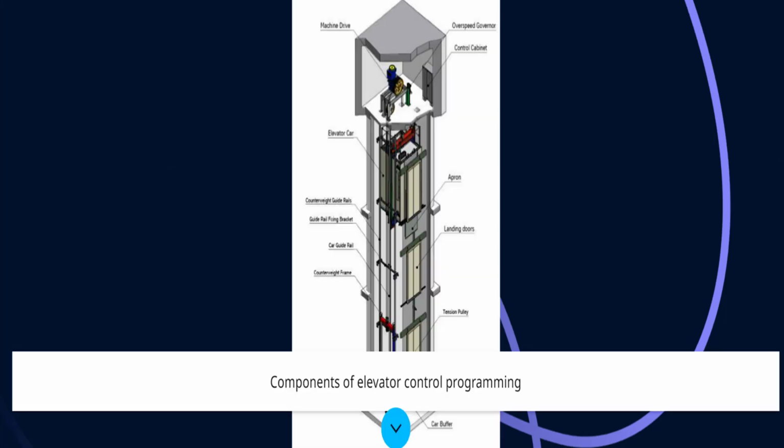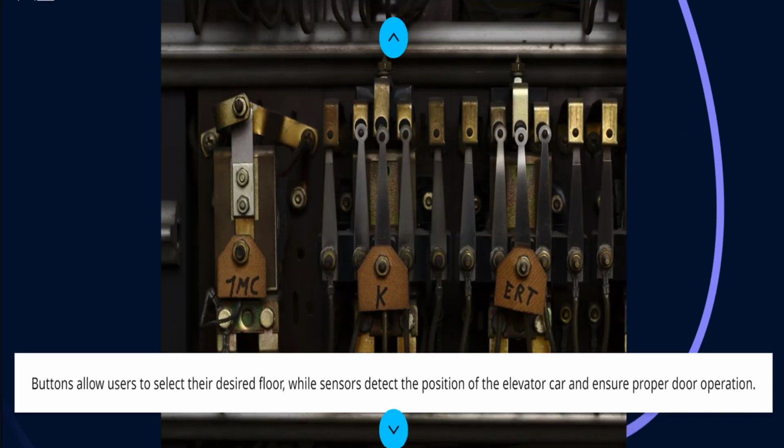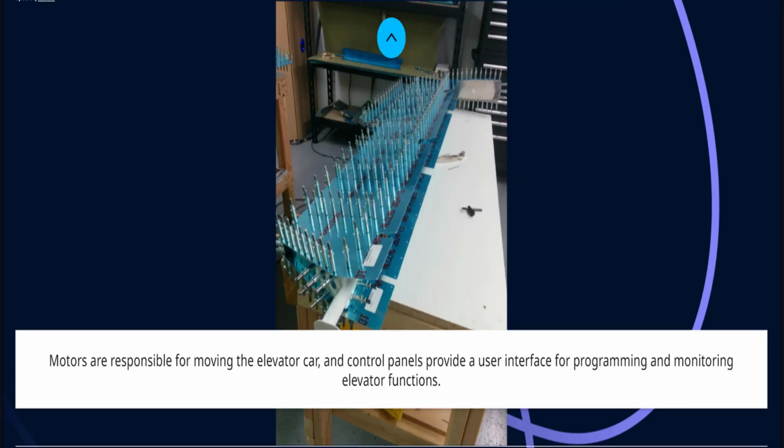Components of elevator control programming. The process of programming elevator controls involves several key components. Motors, responsible for physically moving the elevator car. The control program manages when and how the motor activates, controlling speed and direction. Buttons.